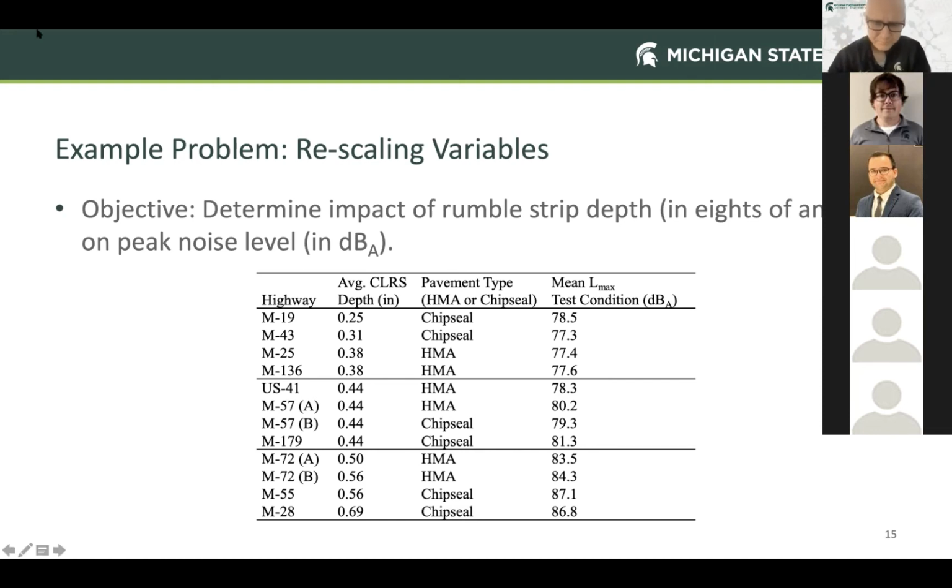As we think about that on the surface, does anybody have any thoughts? If we're rescaling our X variable here, and we're thinking about our slope and intercept terms, are either of those going to change? We've rescaled our X variable, and now we're looking at noise level as a function of depth in eighths of inches. Would our slope change as a consequence of that?